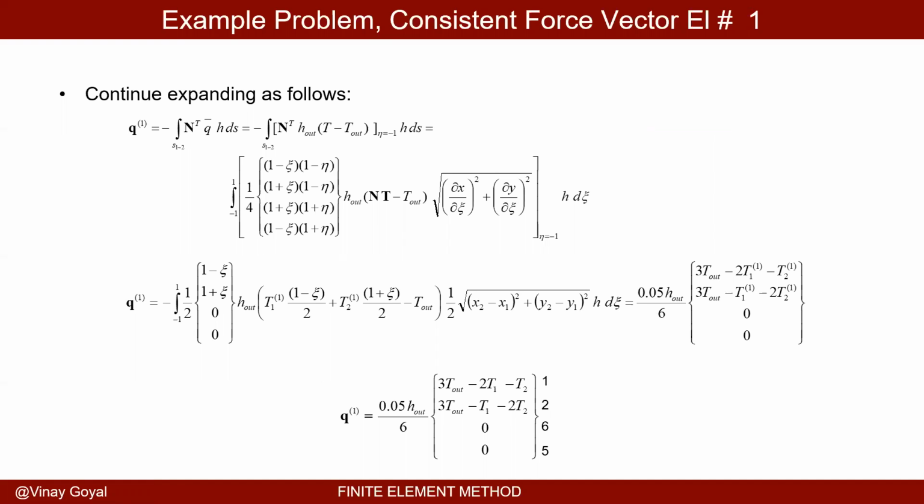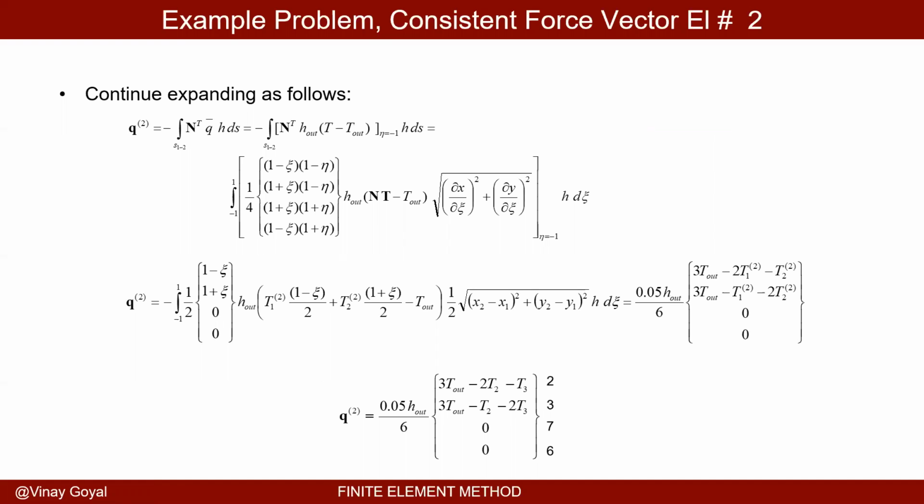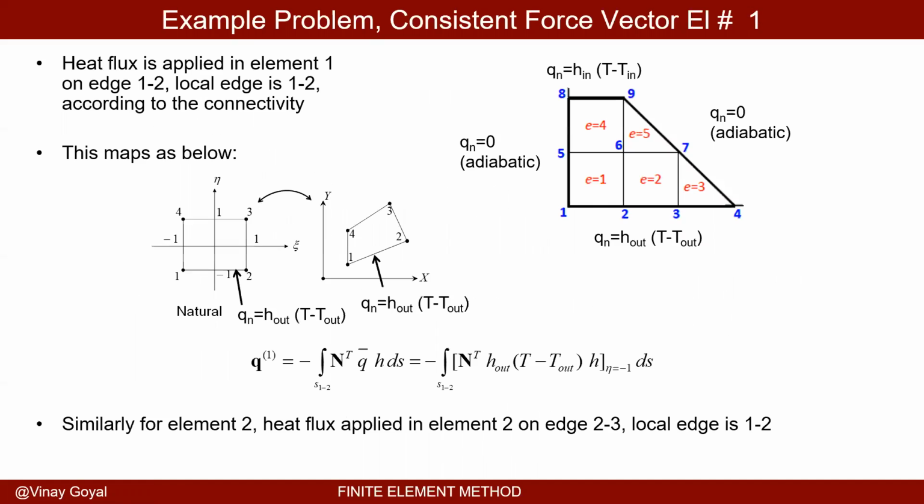So the element number 1, I can do element number 2, but if you notice, element number 1 and element number 2 are adjacent to each other, and it's the same outside air temperature. The same edge, basically. So that's fairly simple.